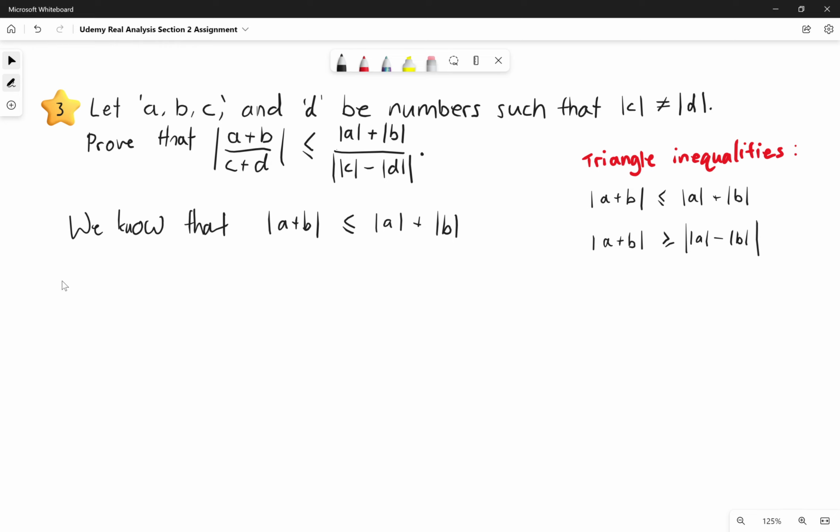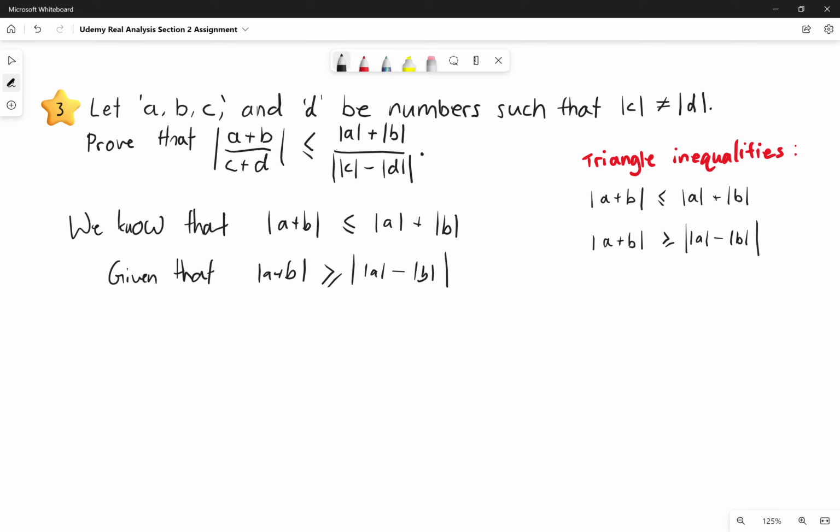So then I was going to say, given that a plus b is greater than or equal to the absolute value of a minus the absolute value of b, all absolute valued, which is this second, is the reverse triangle inequality over here.